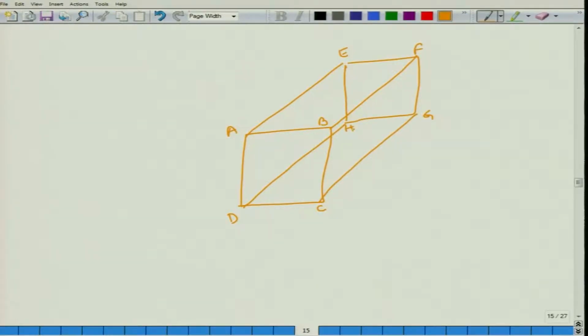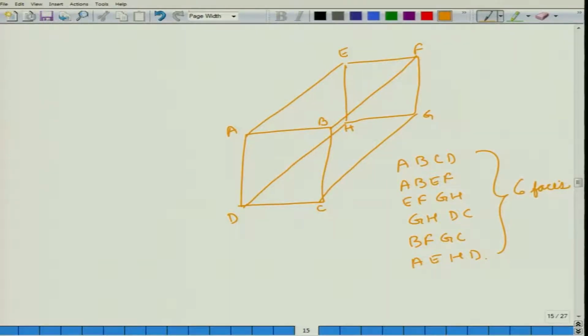Now, this cuboid has got 6 faces: A B C D, A B E F, E F G H, G H D C, B F G C and A E H D. So, it has got 6 faces.